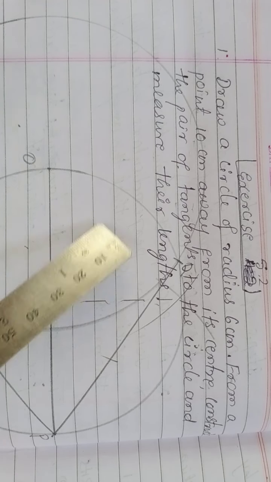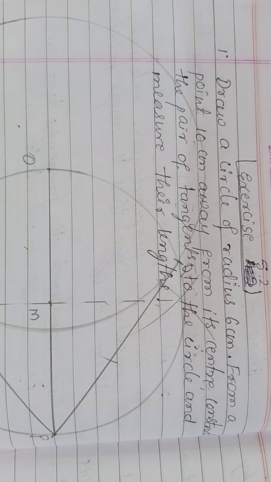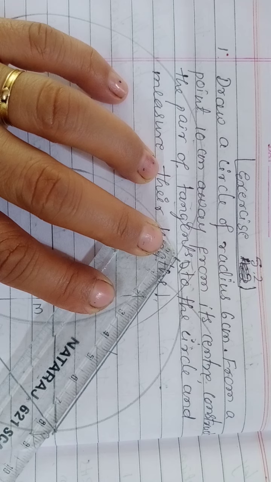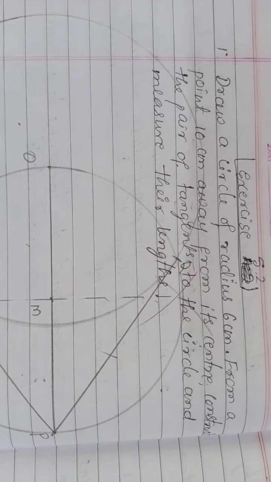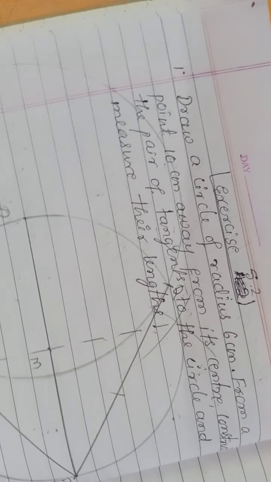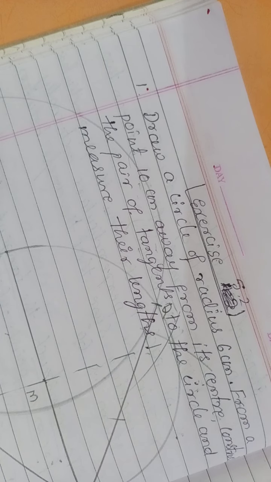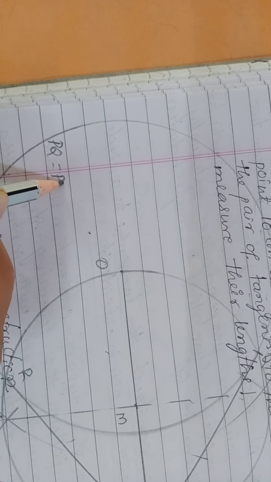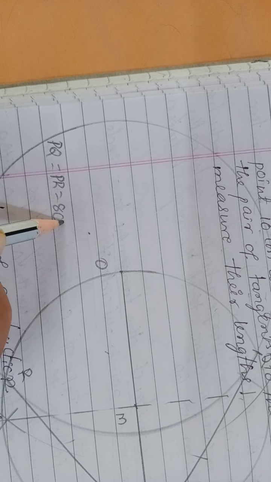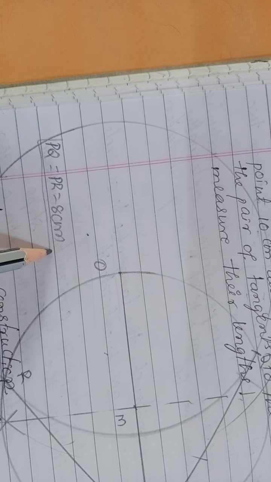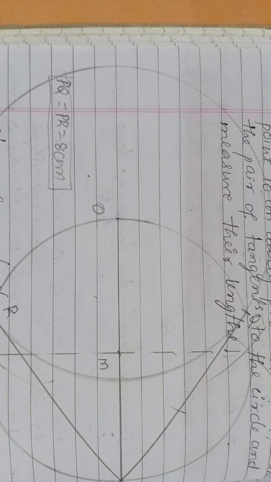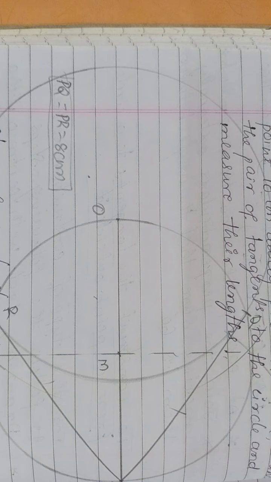Just measure it out how much it will be from this point to this point. So it is 8 cm, children. Write down the measure. So PQ is equal to PR is equal to 8 cm. Okay. This is the way of constructing a tangent from external point.